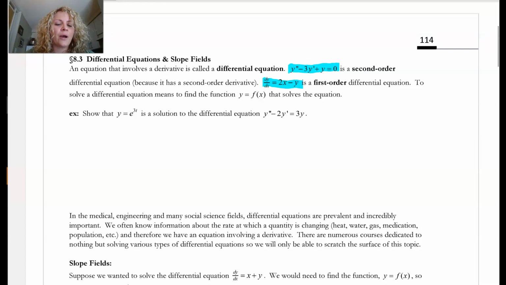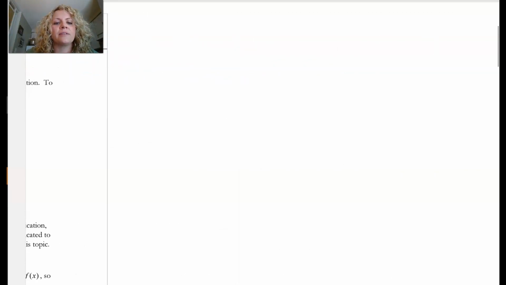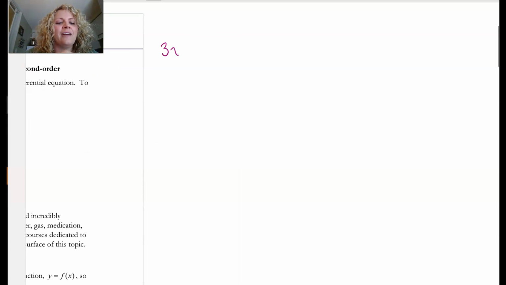Before we try this first example, let's recall algebraically what it means to solve any equation. Let's say 3x plus 6 equals 12. We'll make it really easy.